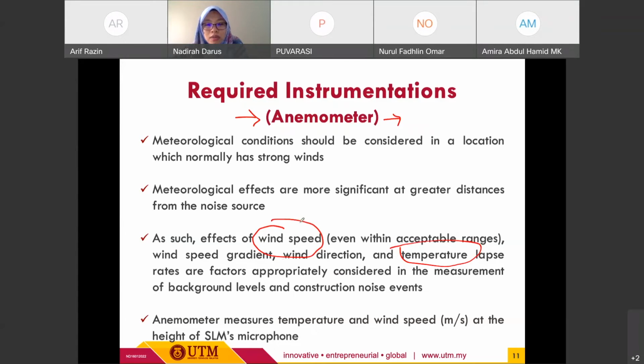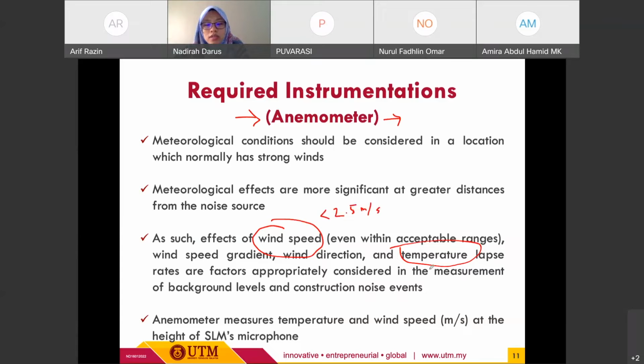We need to know because, in our scope, if the wind is not too strong, it is okay. But in a situation where the wind is strong and the temperature is very high, the wind speed limit I think should be less than 5 meters per second.